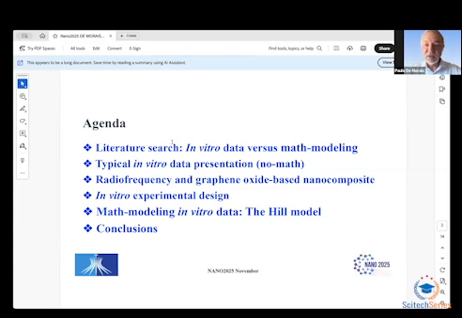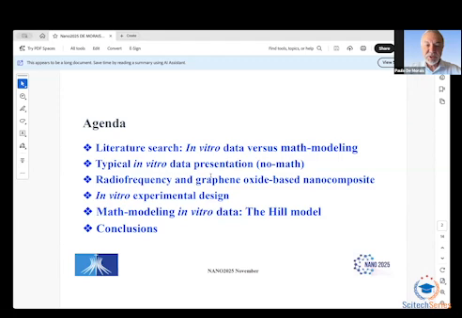And so I will present to you some interesting aspects about math modeling for in vitro assays. And I will take the chance to show you the typical in vitro data presentation you can see these days in the literature with no mathematical model.